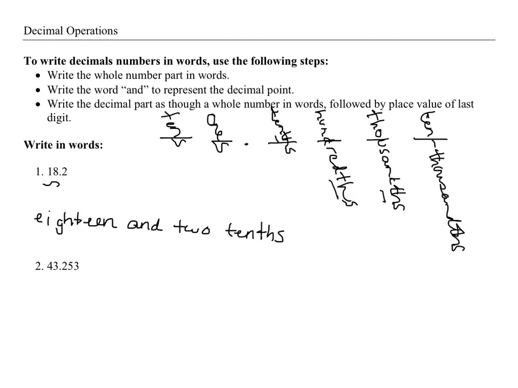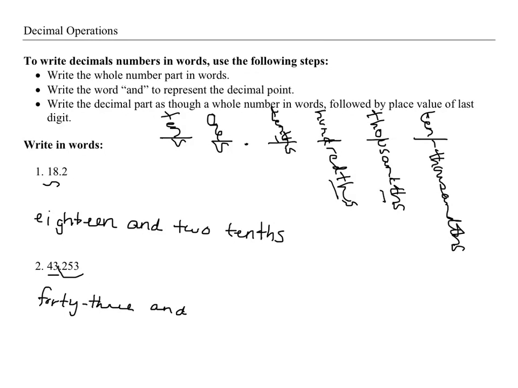Now let's do the other one. This one's a little bit lengthier. So the first number in the whole number area is 43. So we write 43. And the numbers between 21 and 99, not counting like 30, 40, 50, etc., will have a hyphen in it, a little dash. Now we see the decimal point, and we write the word and.